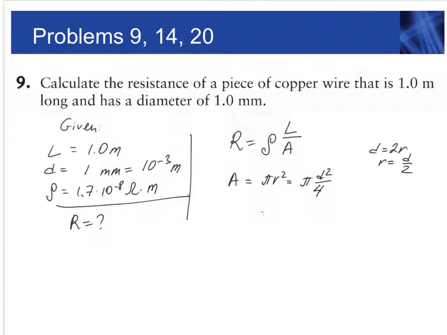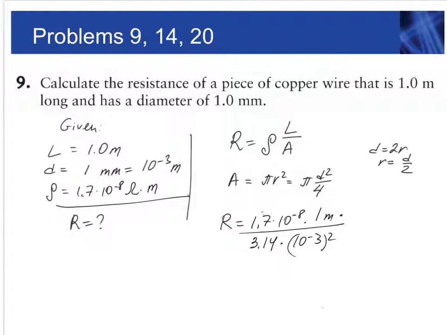Now we're ready to calculate resistance. Resistance is equal to resistivity, 1.7 times 10 to the negative 8, multiplied by 1 meter, divided by area. That's going to be pi, 3.14, times 10 to the negative 3 squared, divided by 4.